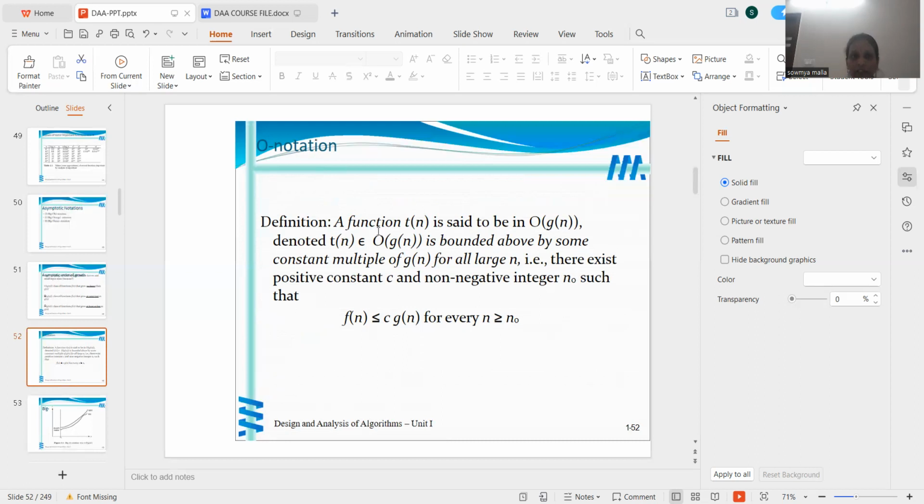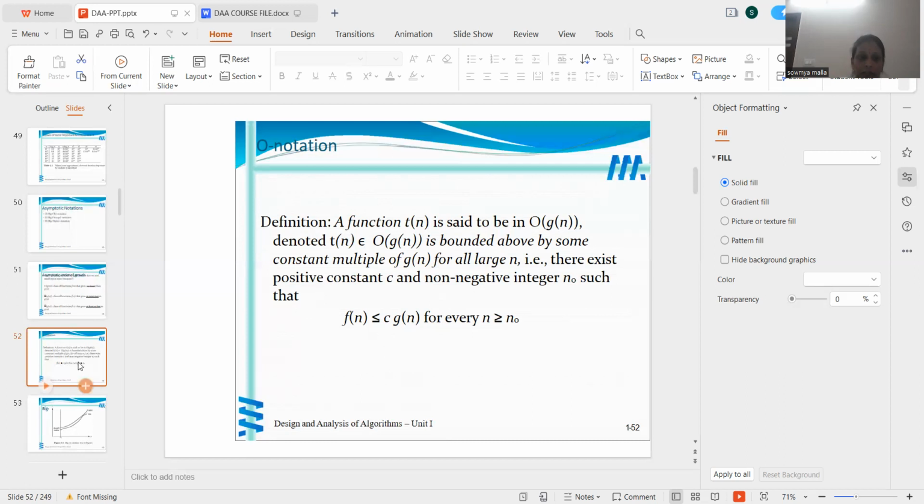Definition: let f of n and g of n be two non-negative functions. f of n equals order of g of n if there exist two positive constants c and n naught such that f of n is less than or equal to c of g of n for every n greater than or equal to n naught.